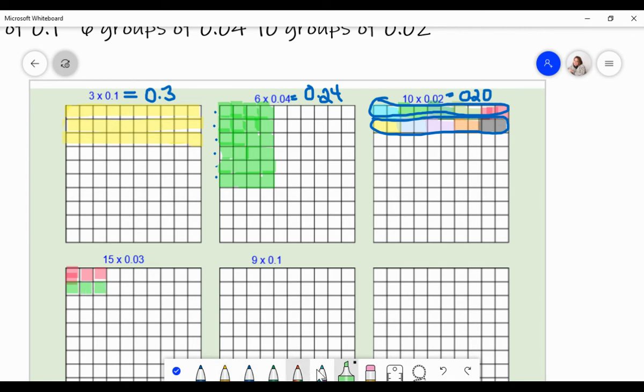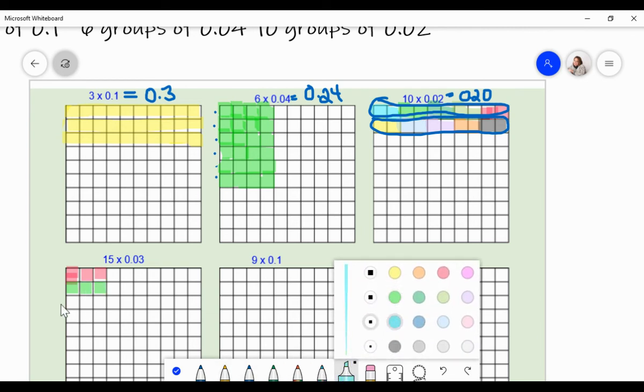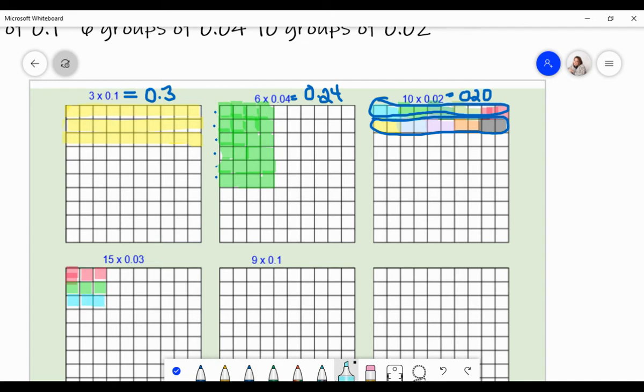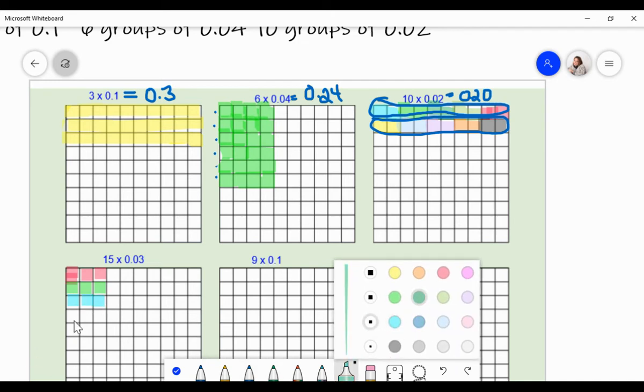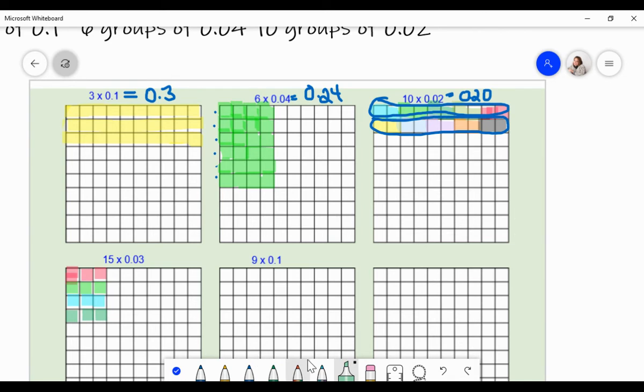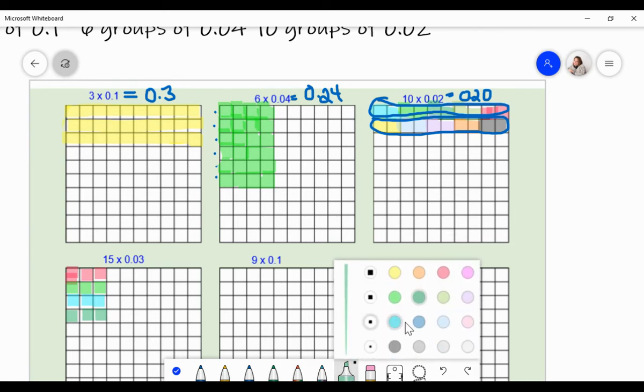100, 200, 300, that's two groups. 100, 200, 300, that's three groups. 100, 200, 300, that's four groups.